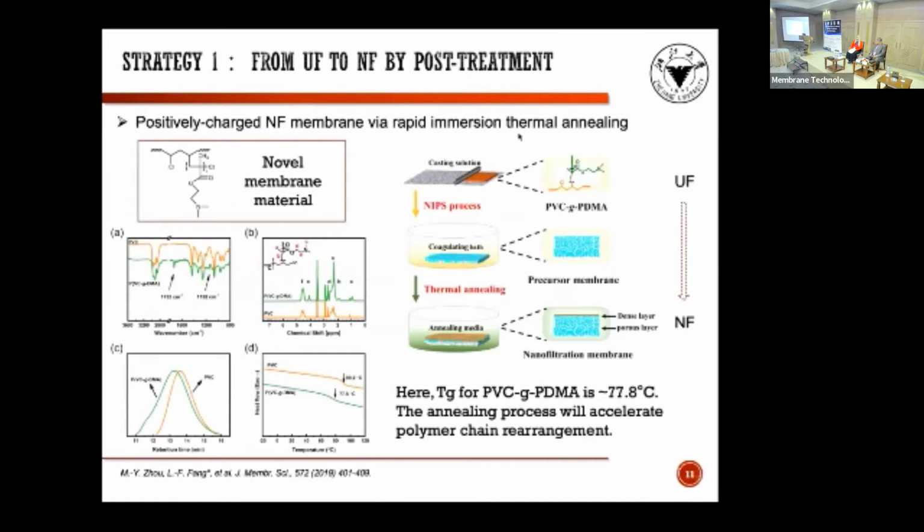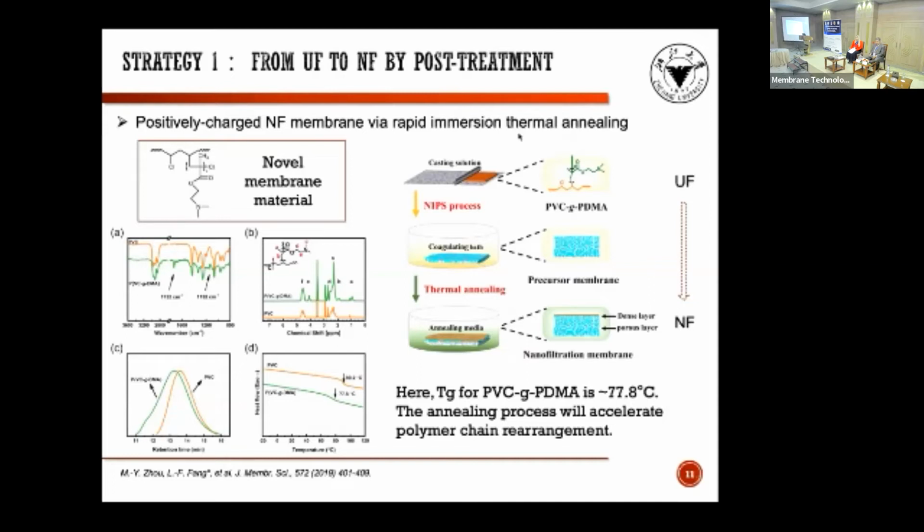In this work, the PVC-based copolymer was used. The membrane is prepared via two steps. First, the precursor membrane is prepared via the NIPS process. Second, the membrane is thermo-annealed.